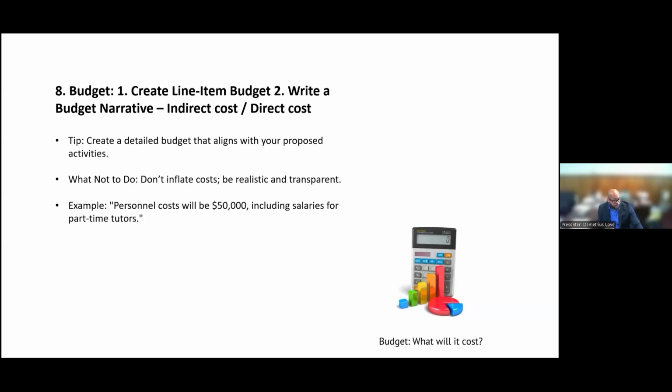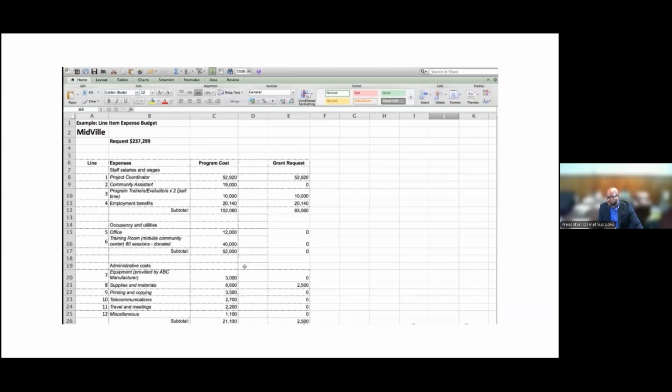All right. So this is an example of a Midville expense budget. Here are some columns. Like we said, this is a line item. Everything is outlined: line item 1, project coordinator, community assistant. These are your expenses, your program costs and grant requests. This is very important.